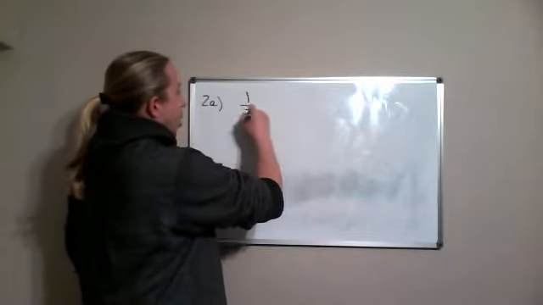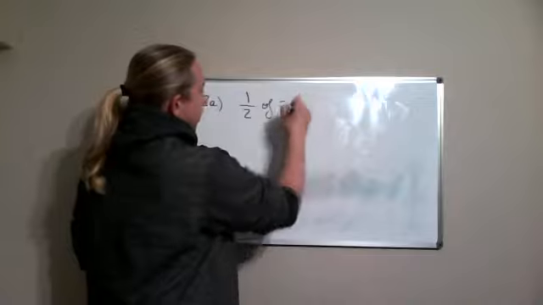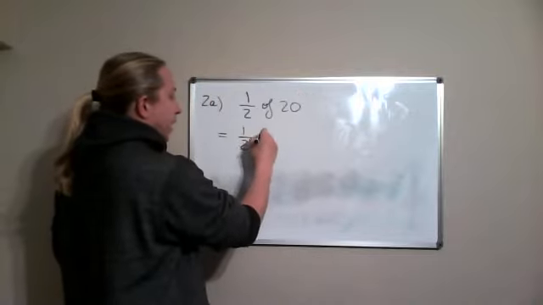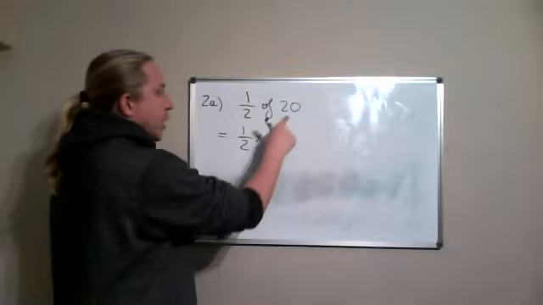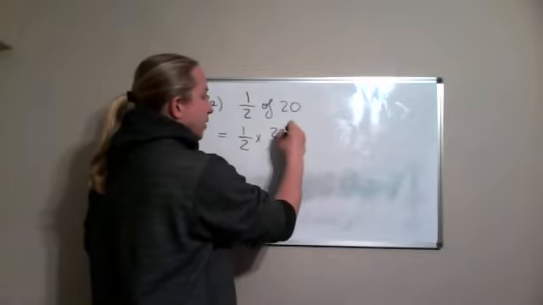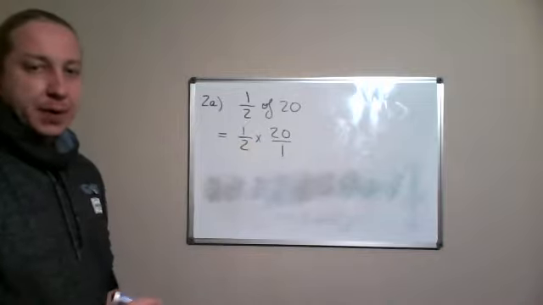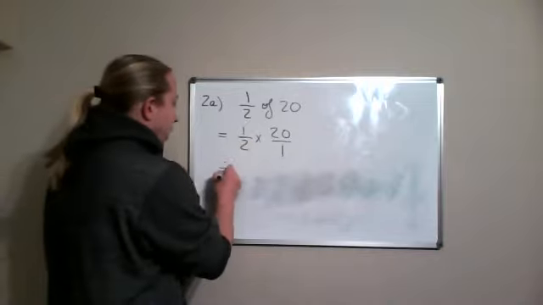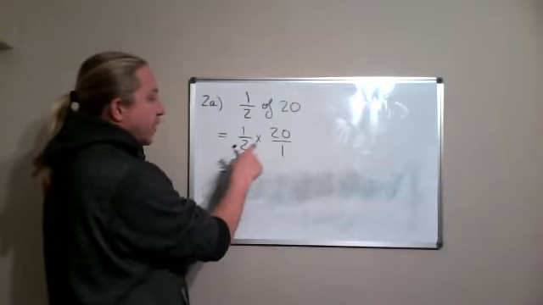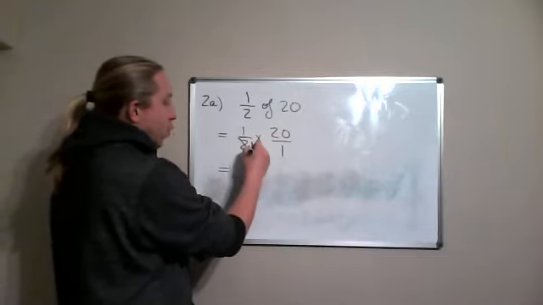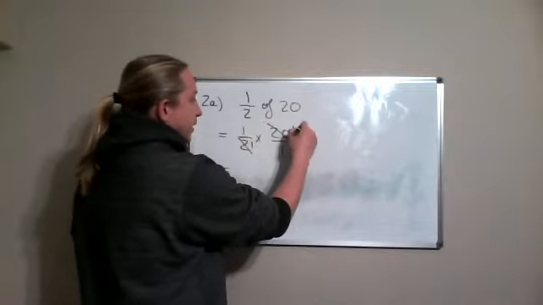So we have a half of 20. Okay, that equals a half multiplied by, of is multiplication, and the 20 I'm going to write as 20 over 1. And now I can multiply the tops, I can multiply the bottoms. What I notice here is there's this 2 over here, there's a 20 over there. So I'm going to divide by 2 here, get a 1, divide by 2, get a 10.